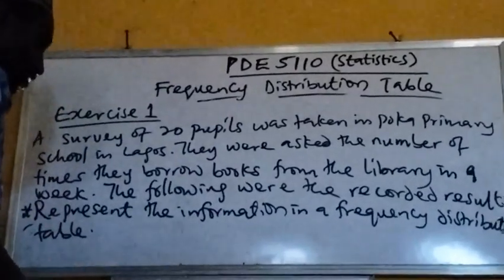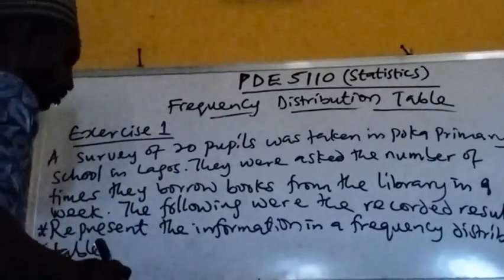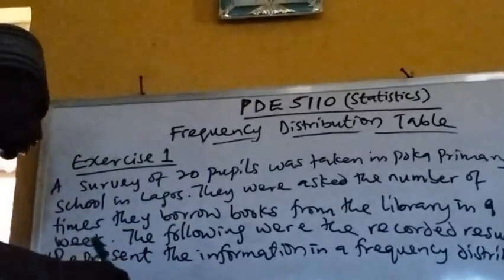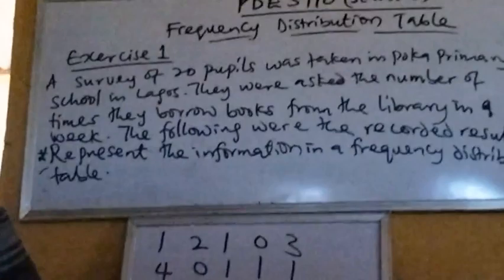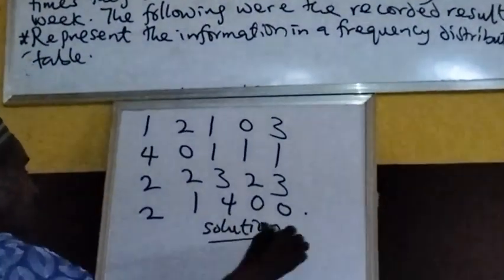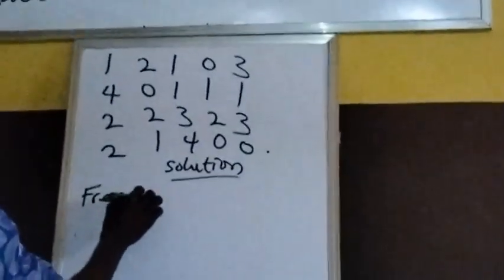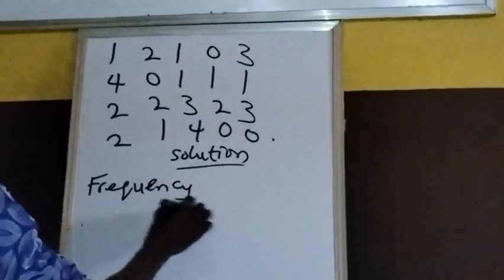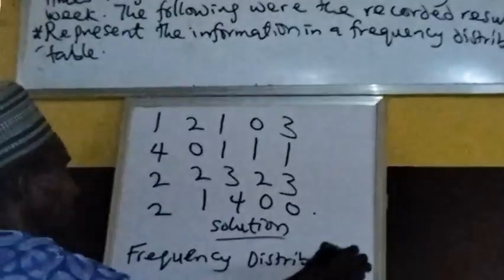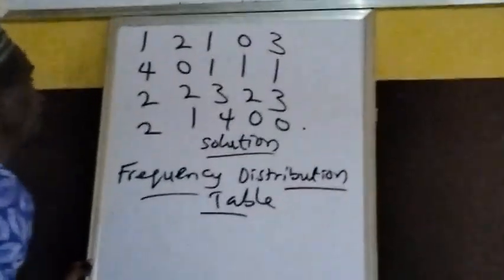Now, the first thing we do is this. We are going to draw a table, and that table is going to be named frequency distribution table. Solution.